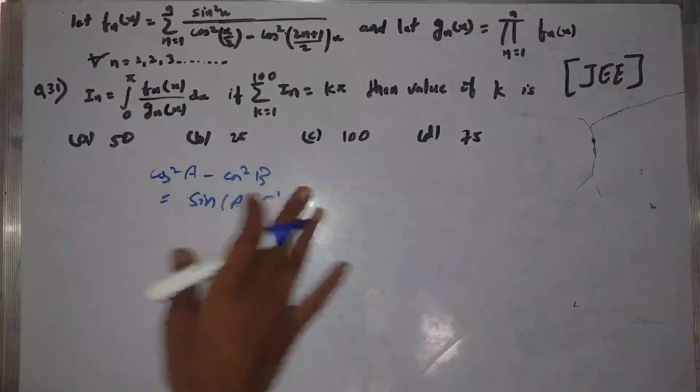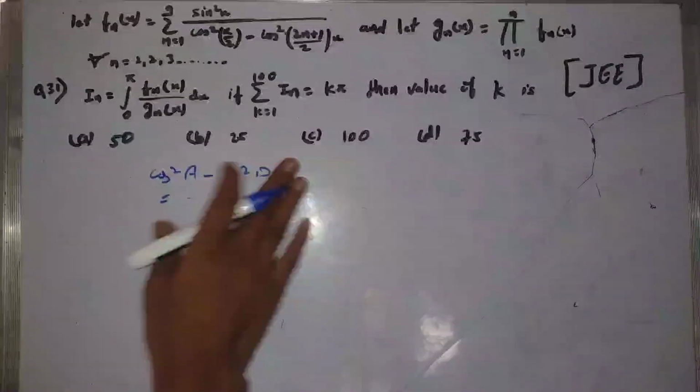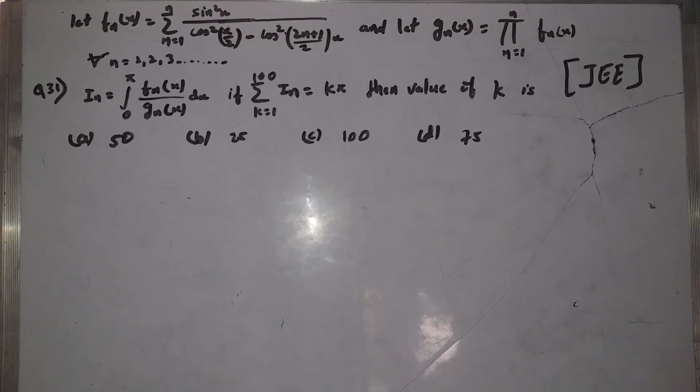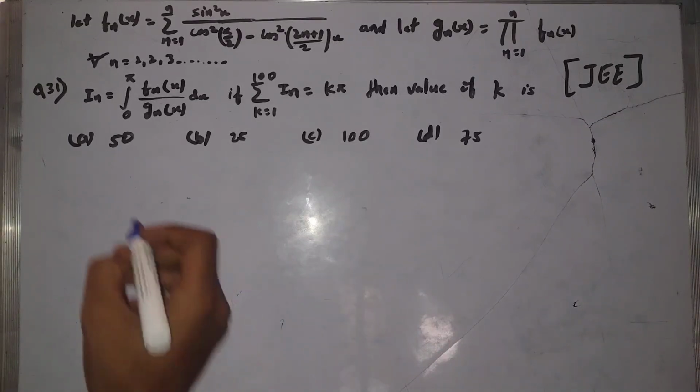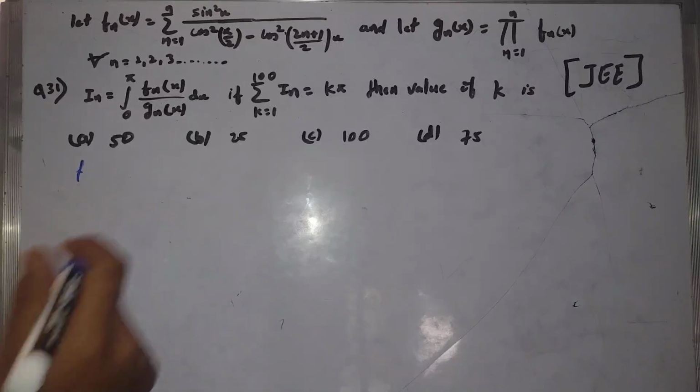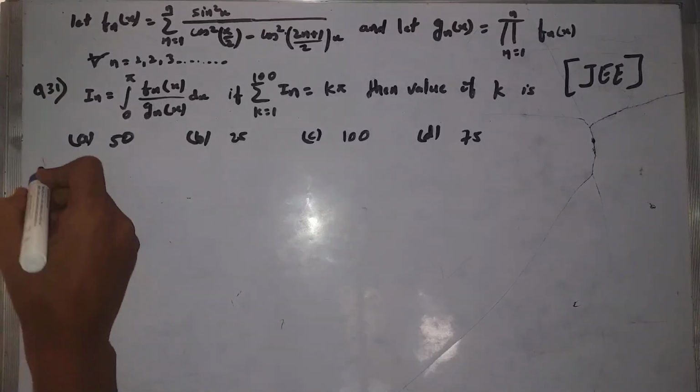While doing that, we can write fn(x) as, I think, yes, it is visible, so let me write it from here.